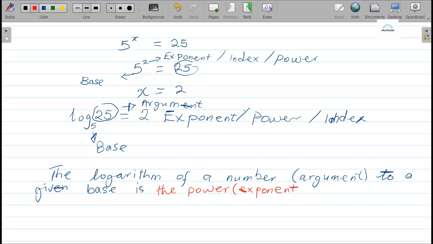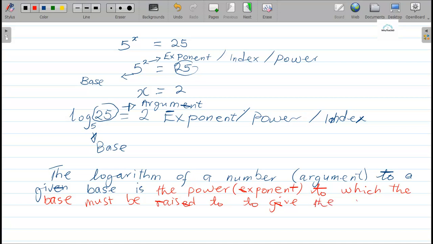Is the power or the exponent or the index to which the base needs to be raised to or must be raised to, to give or to result in the argument, to give the argument or the number.